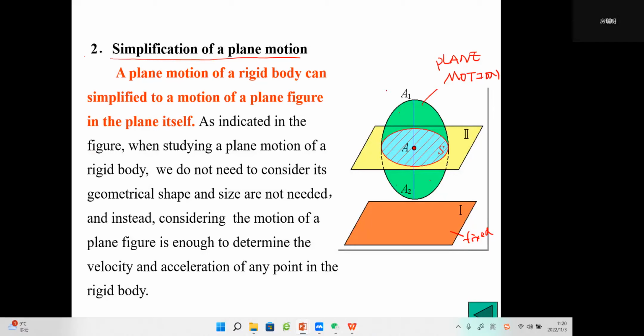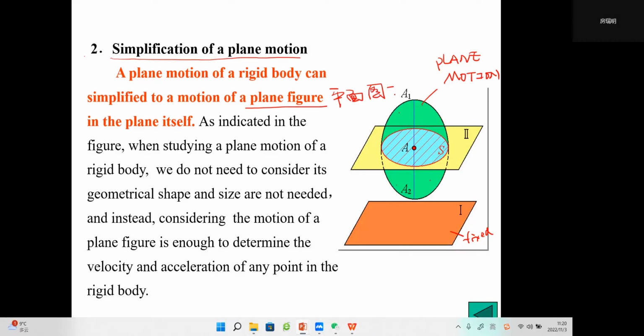Right? If you can totally understand that, this time we will do some simplification. A plane motion of a rigid body can be simplified to a motion of a plane figure. Plane figure we call that 平面图形. I will show you the reason later.